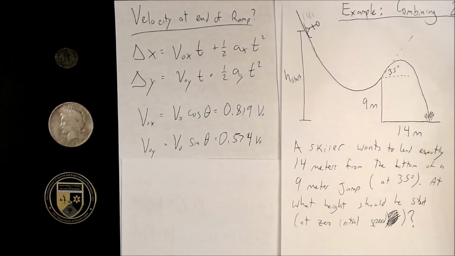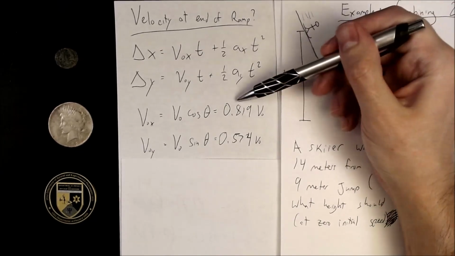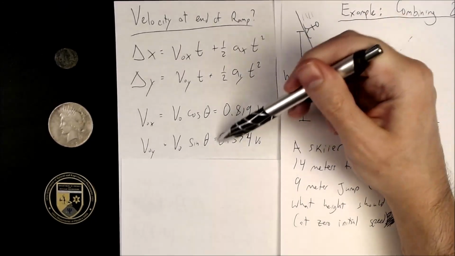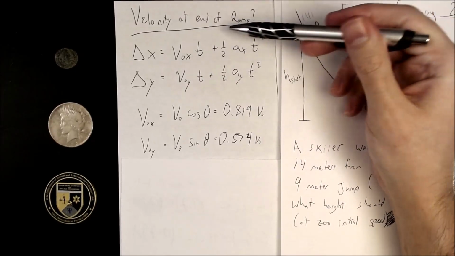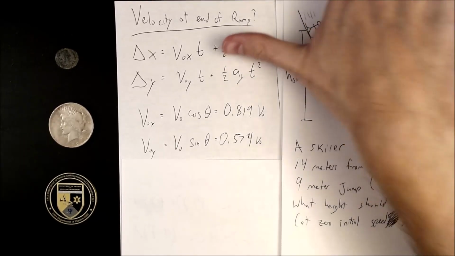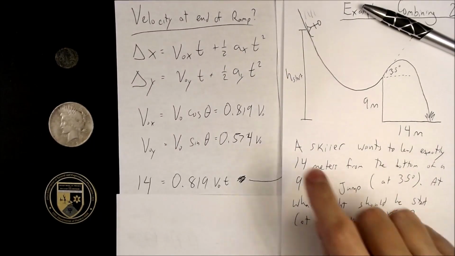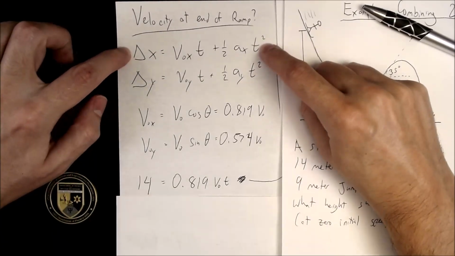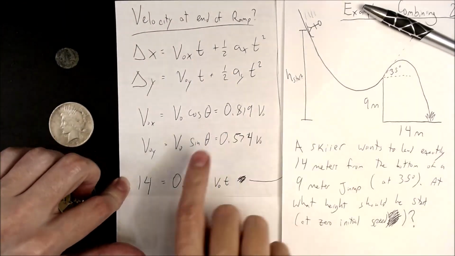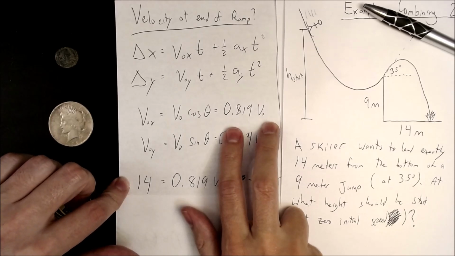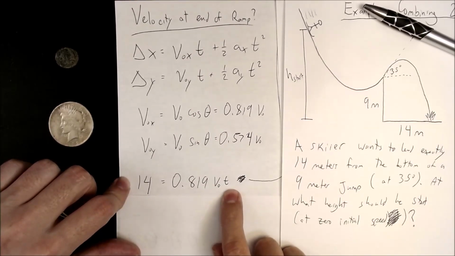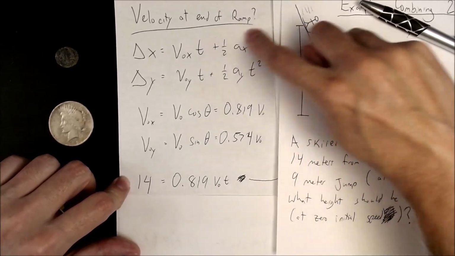Well, what can we do with this? We can plug this in for v naught x and this in for v naught y. We can also make sure that we get rid of that term right there. And what do we get? For delta x, delta x is 14, v naught x is 0.819 v naught times t, and this thing was 0.